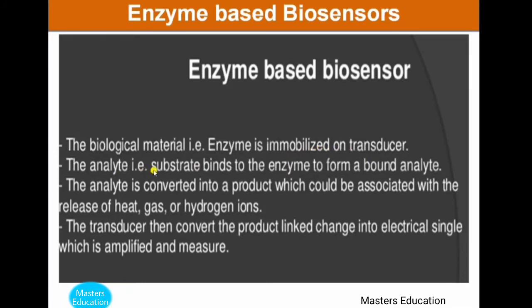The analyte, that is the substrate, binds to the enzyme to form a bound analyte. The analyte is converted into a product, which could be associated with the release of heat, gas or hydrogen ions, and the transducer then converts these product-linked changes into an electrical signal, which is amplified and further measured.